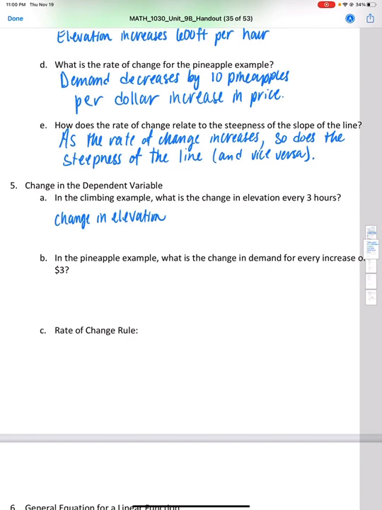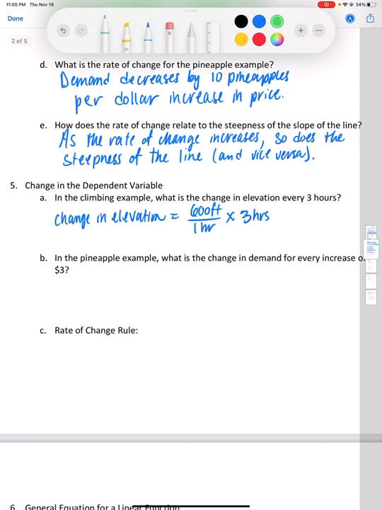Our change in elevation is equal to 600 feet for 1 hour, and we're going to multiply by 3 hours because that's what we are investigating, what happens after 3 hours. The hours will cancel off, and we have 1,800 feet. We have our 600 times 3.